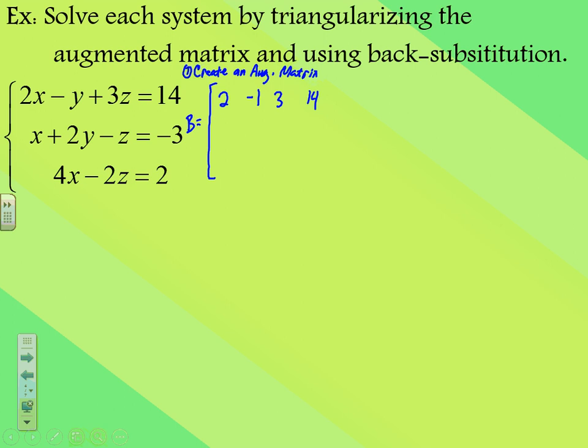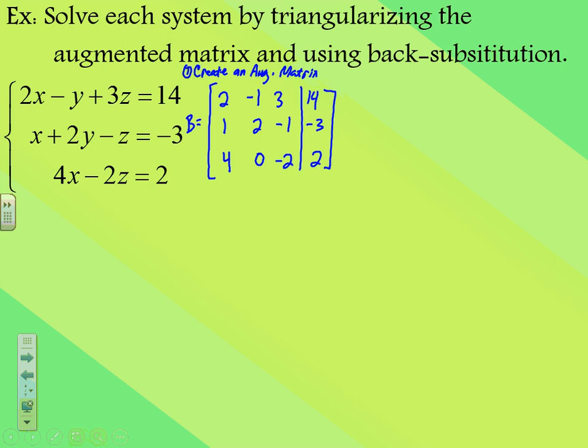My second row would give me a 1, 2, -1, and -3. And my third row would give me 4. Because the y is missing in the third equation, I have to place a 0 to represent the missing y value, and -2 and a +2. So here is our augmented matrix.